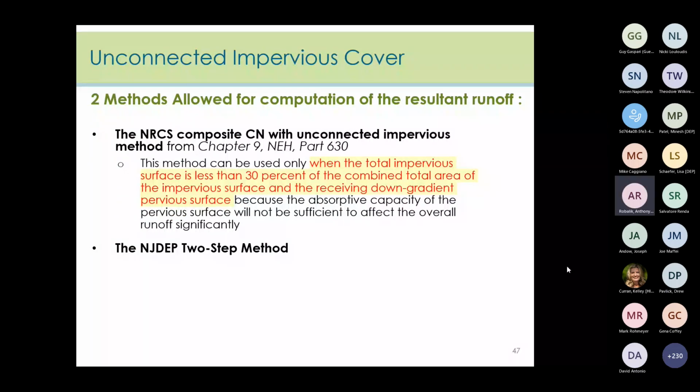So the 2 methods are the NRCS composite CN with unconnected impervious from Chapter 9 in the NEH, which has a 30% limitation on the impervious area to the combination of impervious surface and the receiving pervious surfaces. And then there's the NJDEP 2-step method, and that's the one we'll cover now.